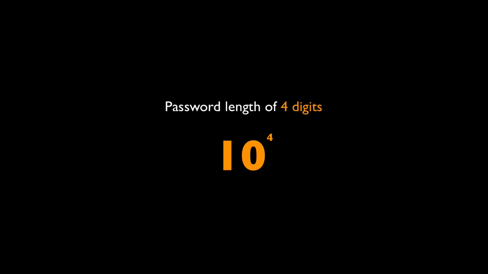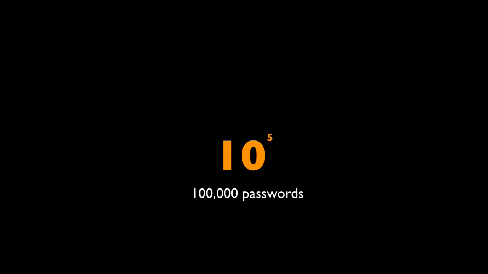So the key space of the password is 10,000 passwords. If we use 5 characters out of the 10 digits, it is 10 to the power of 5, which is only 100,000 passwords, and the entropy is only 16 bits. So this is not a good password in the digital world. It may be a good one in the physical world.